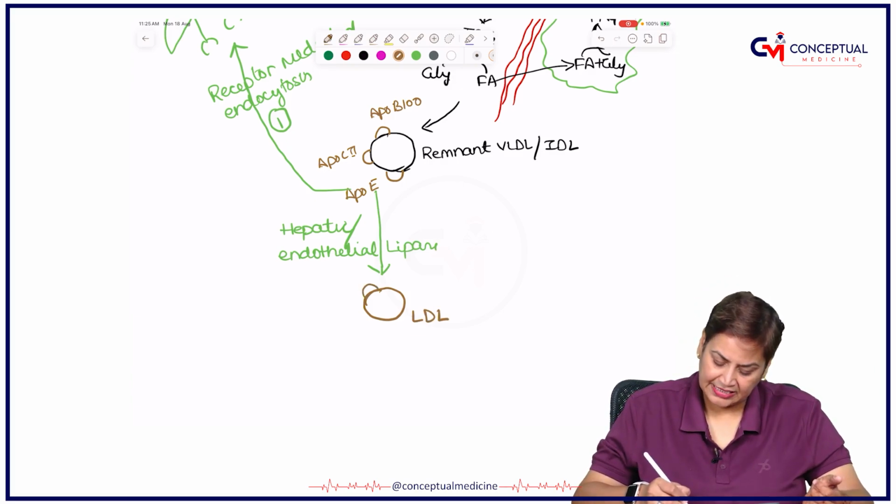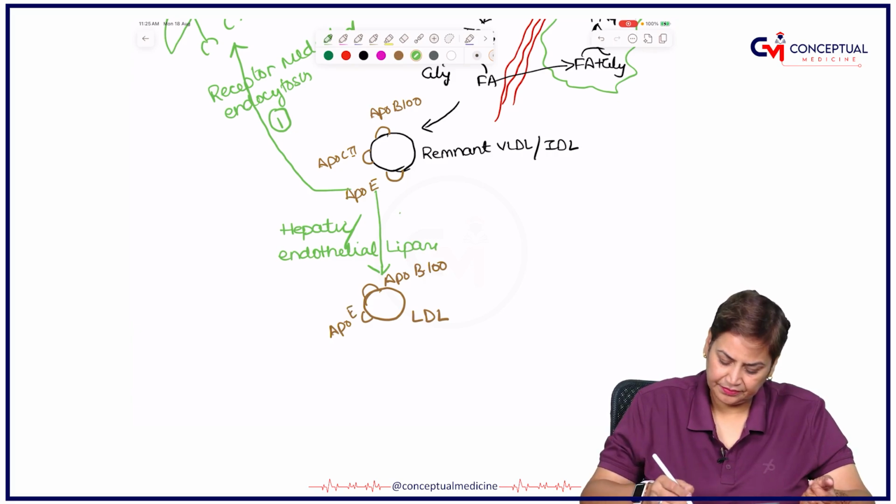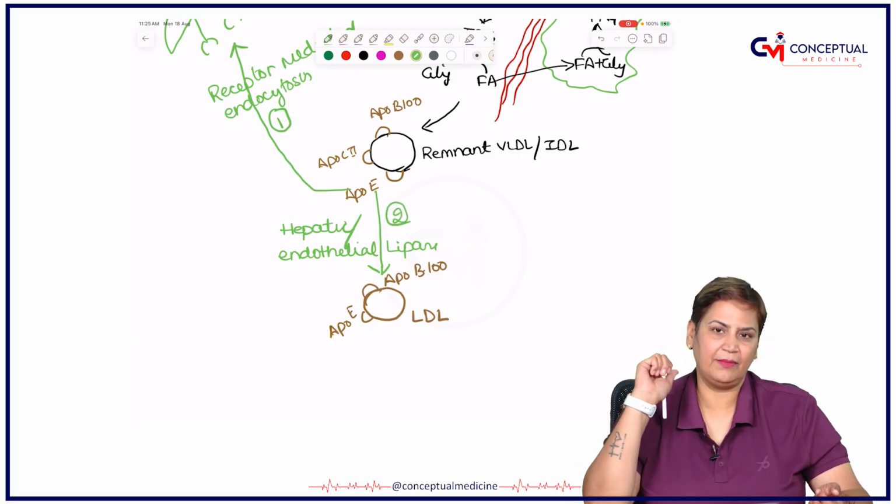LDL, which has again Apo B-100 and Apo E. Right, this is the fate of this remnant VLDL.